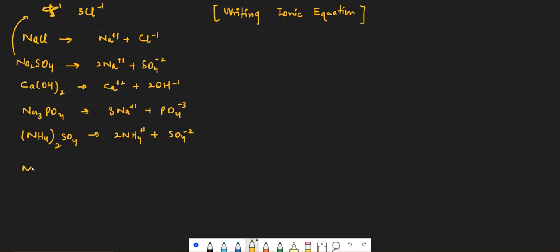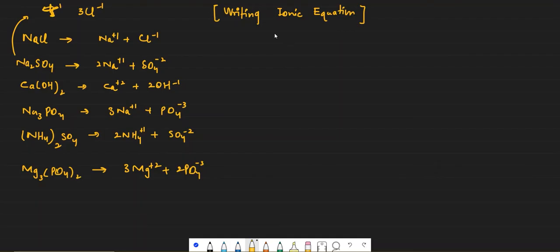Let's break magnesium phosphate, Mg3(PO4)2. There are three magnesium atoms on the left hand side, so there will be three magnesium ions on the right hand side. And if there are two phosphates, there will be two phosphate ions on the right hand side. So that's how you break compounds into ions.